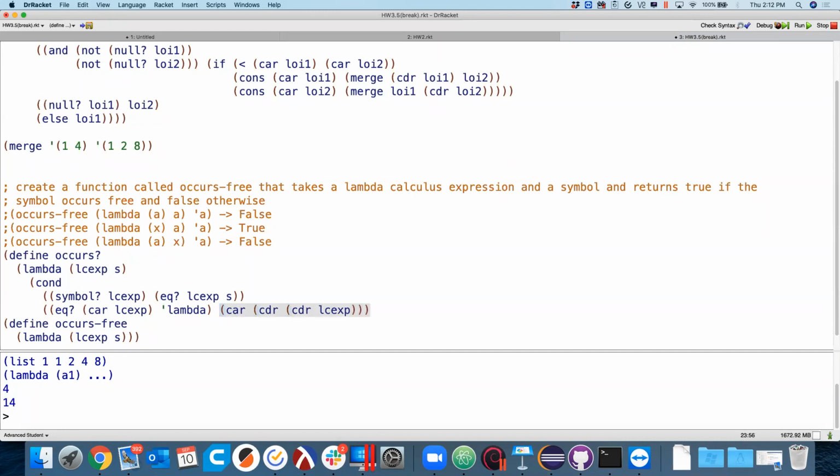or I can do the CADDR. And what do I want to do with that? I want to call occurs on that, passing it my same symbol. So I can also say CADDR, lambda calculus expression.